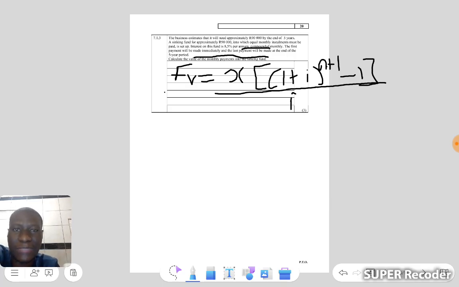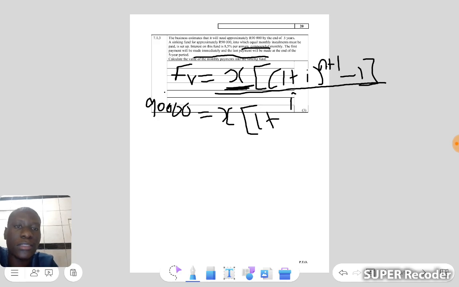That is what is estimated that the company will have. So 90,000 equals, and we need to calculate the value of the monthly payment. Remember, in this problem we need the value of x, that is the monthly payment into the sinking fund.